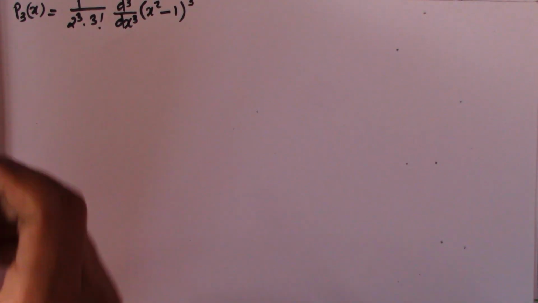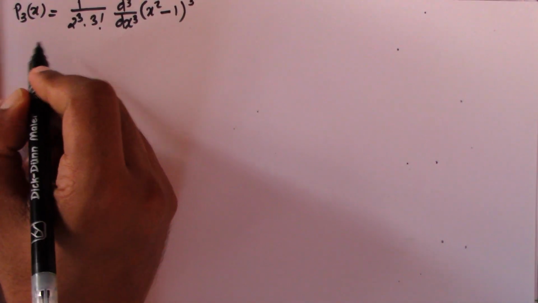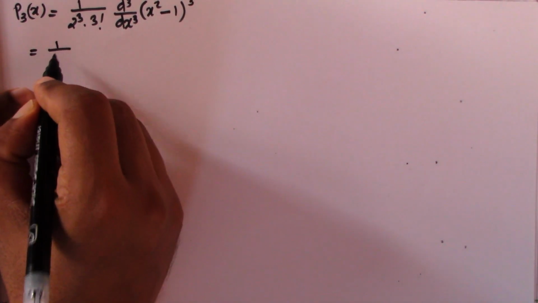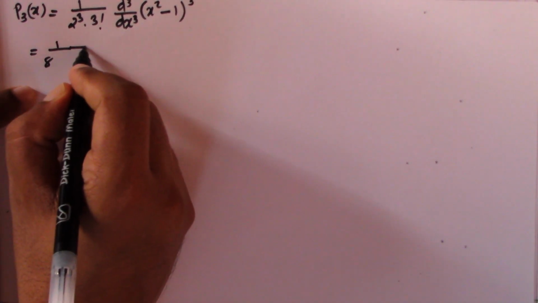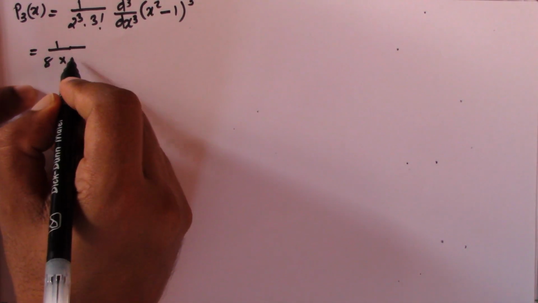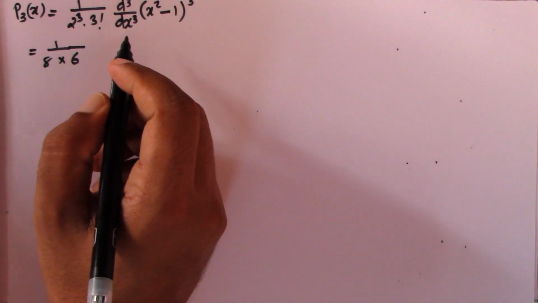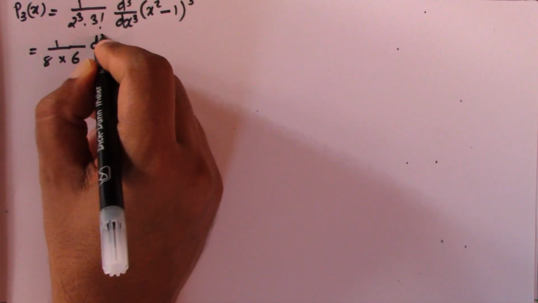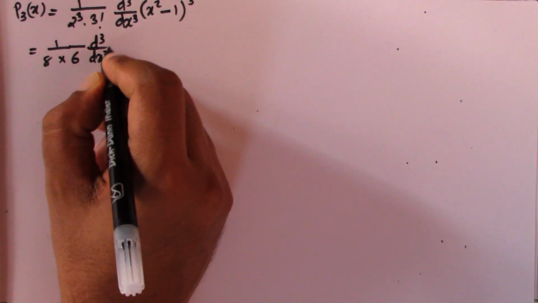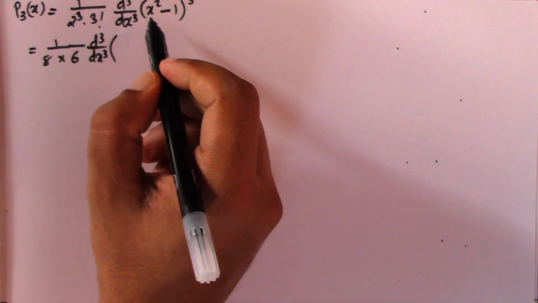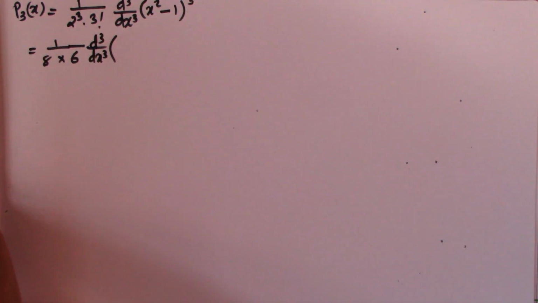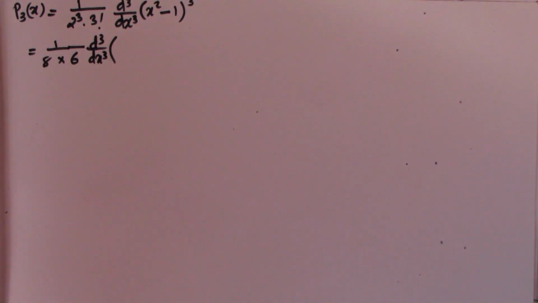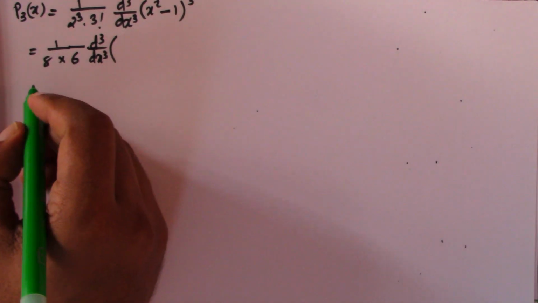So that is 1 divided by 2 cube, that is 8, into 3 factorial, that is 1 into 2 into 3, that is 6, into d cube by dx cube of (x square minus 1) the whole cube. We have to expand it, (x square minus 1) the whole cube. We can expand it by taking (a minus b) the whole cube. You already know that. I will write it here just for reference.